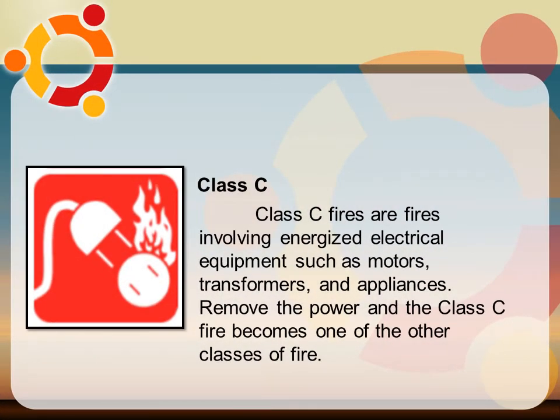Class C fires are fires involving energized electrical equipment such as motors, transformers, and appliances. Remove the power and the Class C fire becomes one of the other classes of fire.